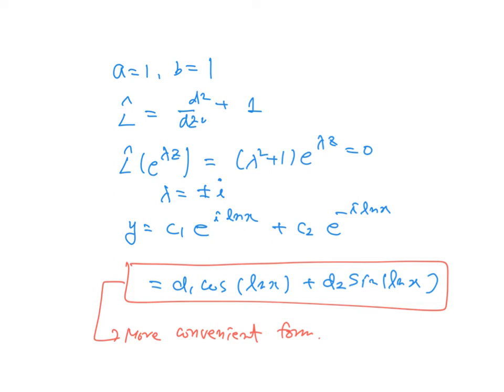And what about a double root? For example, a equals 3, b equals 1. Then L is simply dz squared plus 2 dz d plus 1, right?